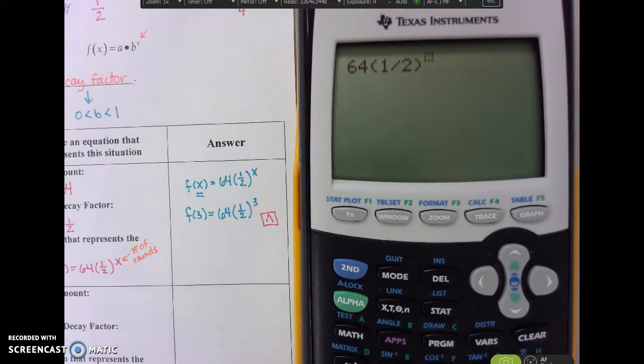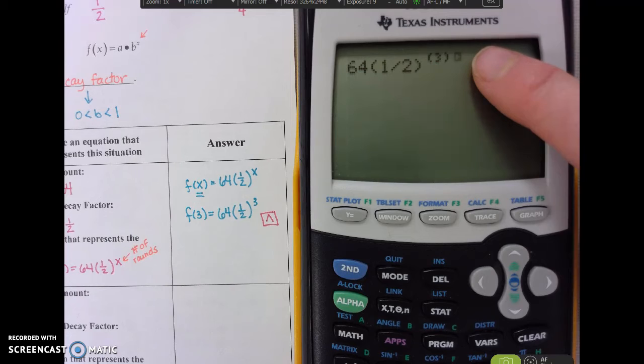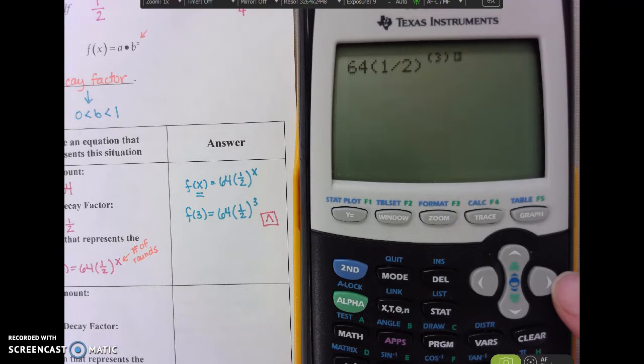And notice on this particular calculator it actually looks like an exponent. I like to go with the rule, let's put it in parentheses, any exponent. Notice I have a little arrow up here pointing to the right. So I'm going to go to my arrow key pointing to the right, and it brings me back down. And I hit enter, and I see I would have 8 teams left.